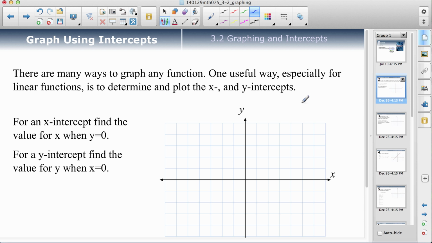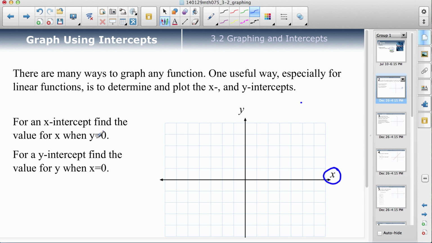You can do it with a different form. There's lots of different ways that you can graph them. But one useful way, especially if an equation is written in a certain form, is using intercepts. If you're wanting to find an x-intercept, the point at which it crosses the x-axis, what you do in the equation is you plug a 0 in for y.